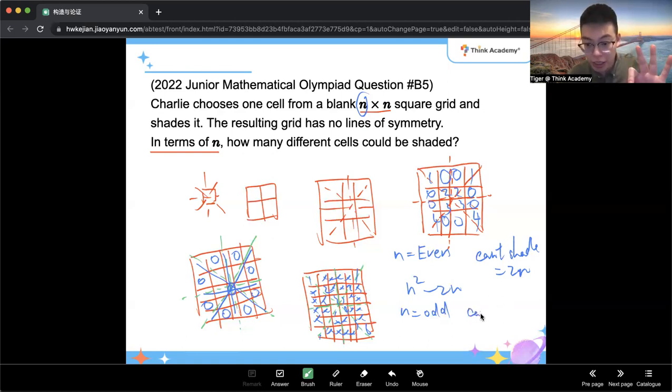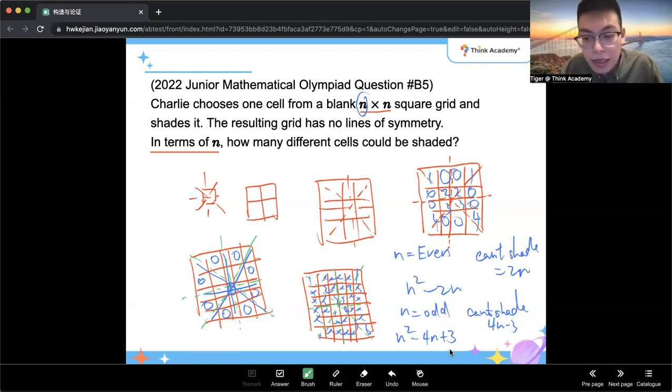So I can't shade 4n take away 3, which means the answer is n squared take away 4n take away 3, which is n squared take away 4n adding 3. If you want to factorize it, feel free to do that. That's just n take away 1, n take away 3. Well, you don't have to do that.